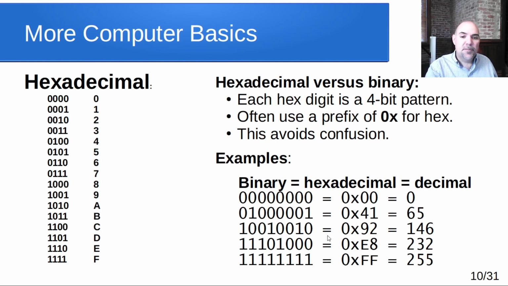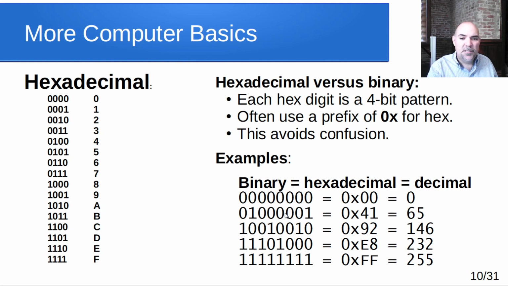Okay, so here are some examples. Down here, 0, 0, 0, 0, 0, 0, 0, 0. We divide that into groups of 4 bits, and that creates 0x00, which is decimal 0. Or this one, we divide it into the first 4, 0, 1, 0, 0. If we look that up in our table, that's a 4.